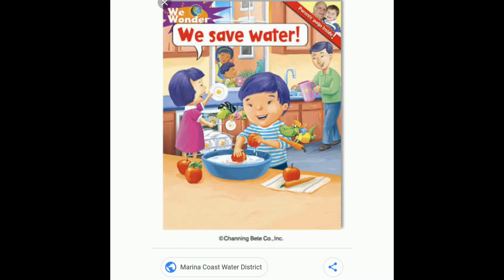We understand that it's our duty to preserve water and to save it from pollution. Children should take part in such activities, so we should conserve water and give awareness to our family members regarding this issue. Okay.